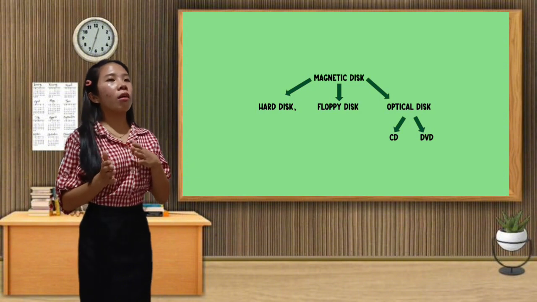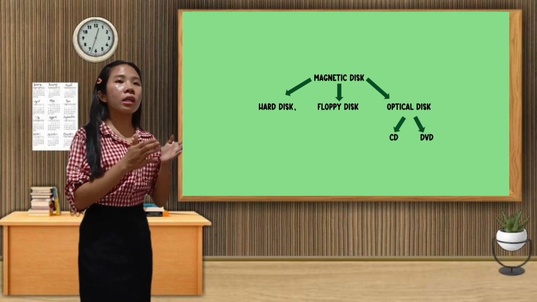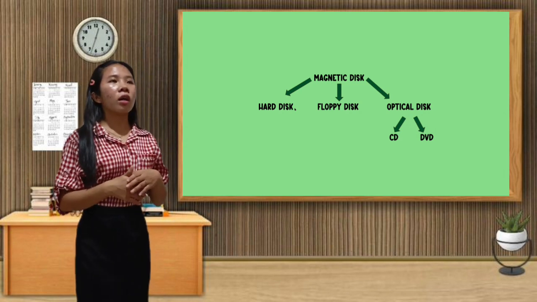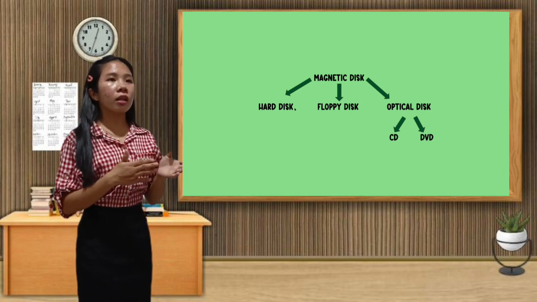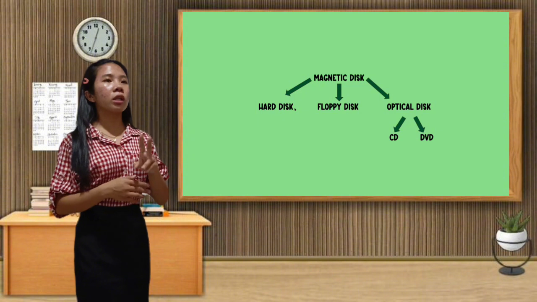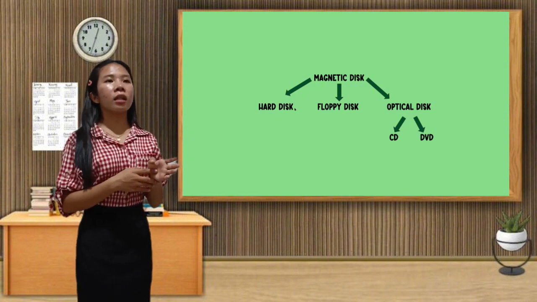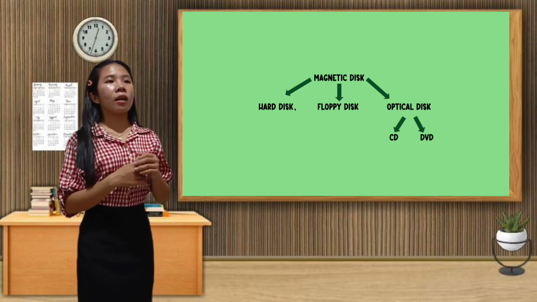And we have optical disk, in which you can store more data. So under the optical disc, we have two types, which is the CD or compact disc and the DVD or the digital versatile disc.